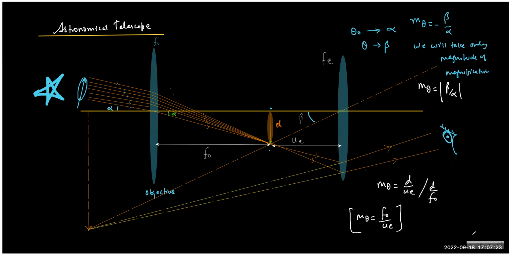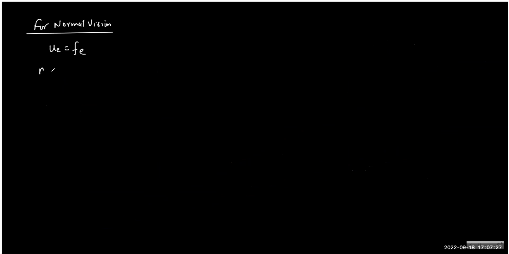For normal vision, the UE must be FE, right? We have been doing this again and again. Therefore, the magnification in such a case becomes FO by FE. This is the value wise; we always write value wise.